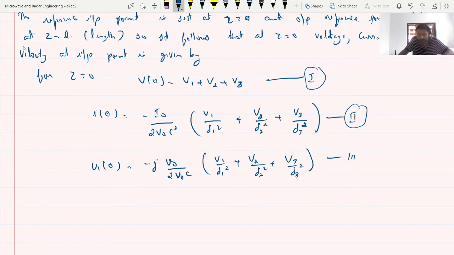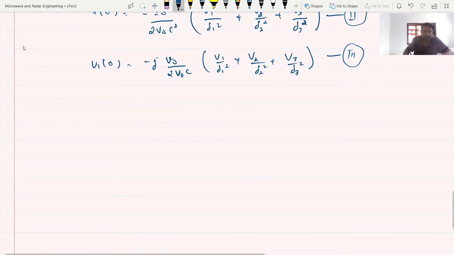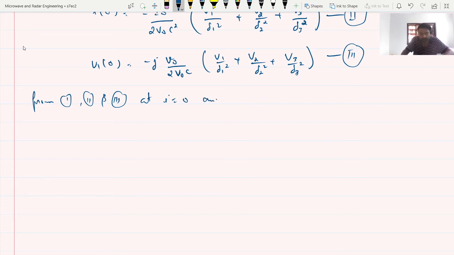Call this as equation number 3. So from 1, 2 and 3, at I equal to 0 and V1 of 0 equal to 0, you will get the solution V1 equal to V2 equal to V3 equal to V of 0 by 3. Call this equation 4.